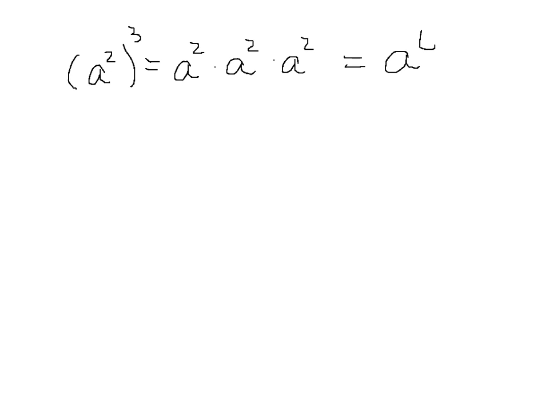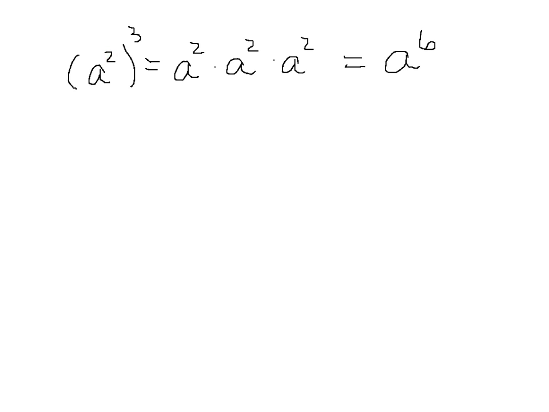So let's pick it up one more level. Suppose we have something like this. A squared cubed. What that means is a squared times a squared times a squared. And now we're multiplying, so we add the exponents, and we get a to the sixth. And please notice that 2 times 3 is 6.